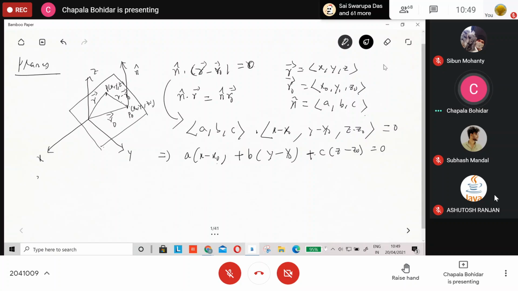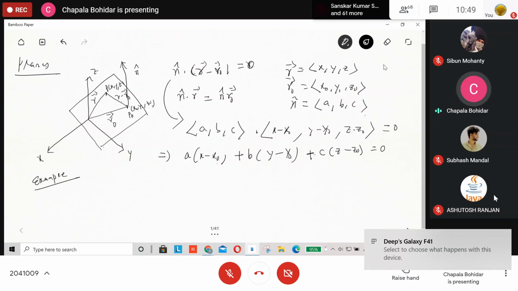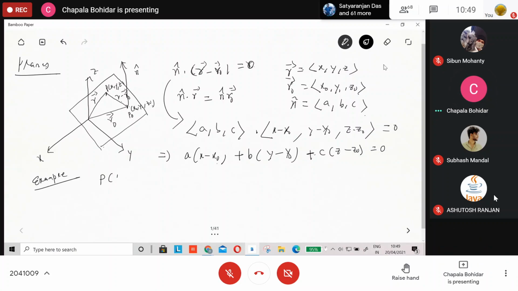Now, one example. Find an equation of the plane that passes through the points P, that is 1, 3, 2, Q, that is 3, -1, 6, and R is 5, 2, 0.